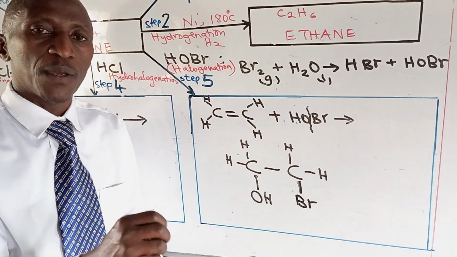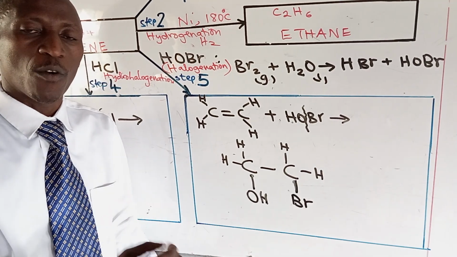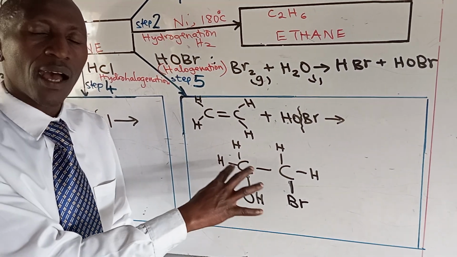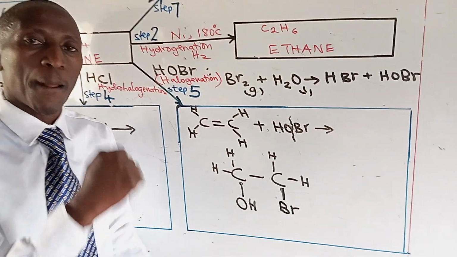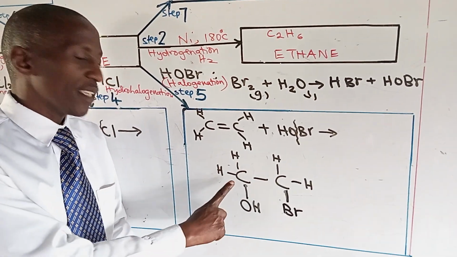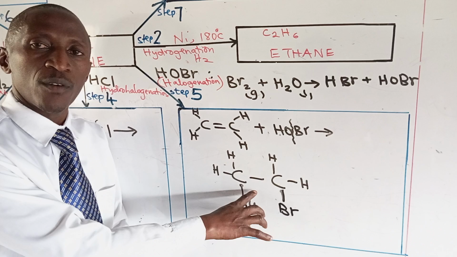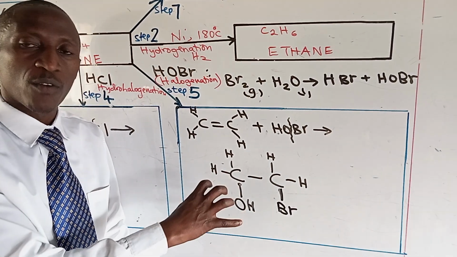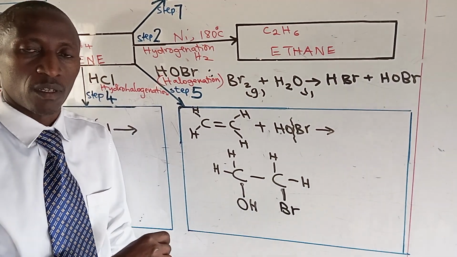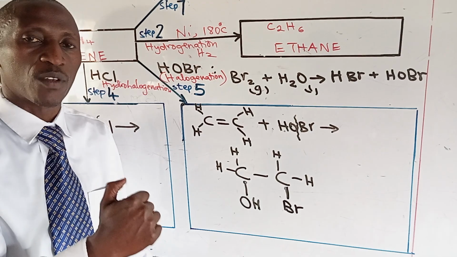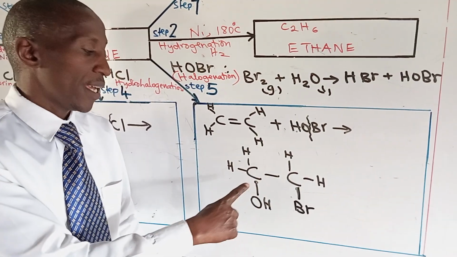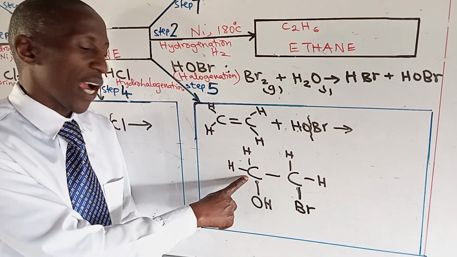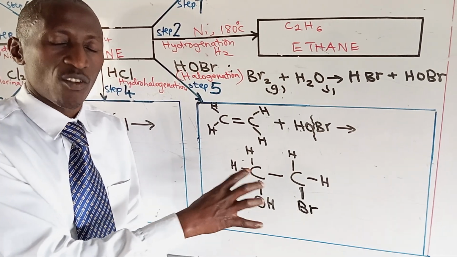A functional group is an atom or a group of atoms which, when they are in a particular compound, give it some characteristic properties. When OH is in a hydrocarbon, that compound becomes an alcohol. In chemistry, we call them alkanols. So the moment the OH is attached to a carbon atom, it becomes an alkanol.